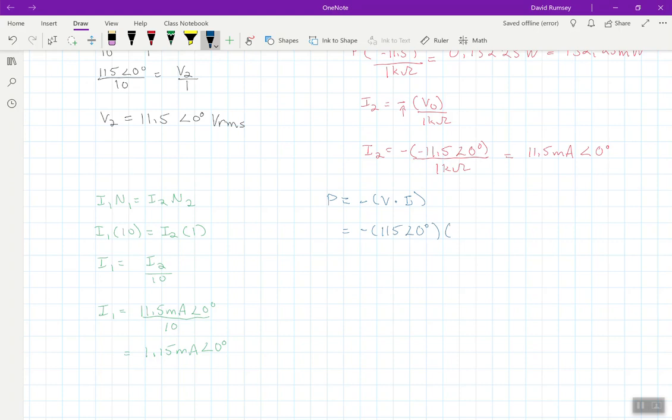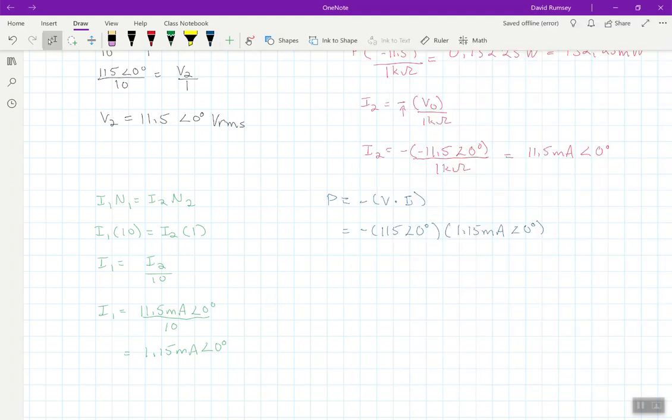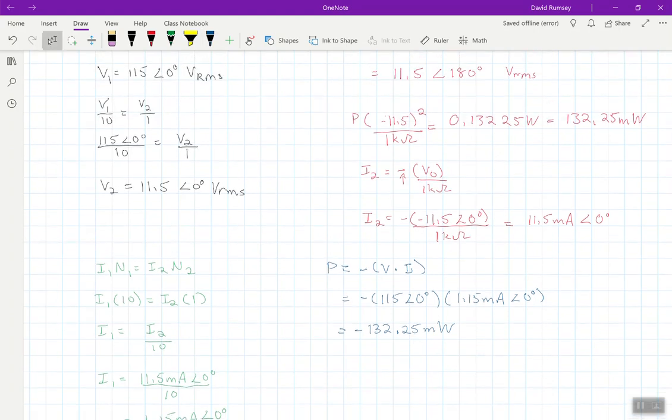And then my current is 1.15 milliamp and an angle of 0 degrees. And then if I do that computation, I wind up with negative 132.25 milliwatts. Now we shouldn't be surprised by that because we've said before, what's being dissipated on the load, the exact same thing is being generated.